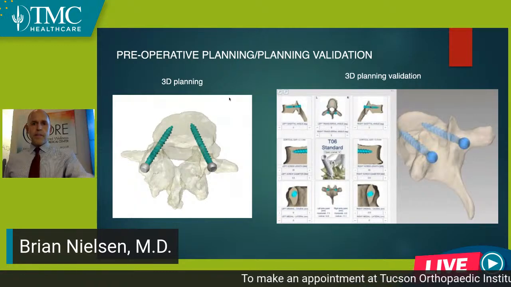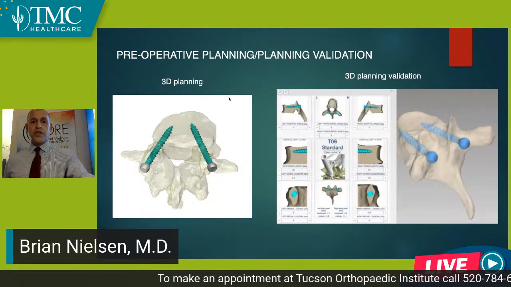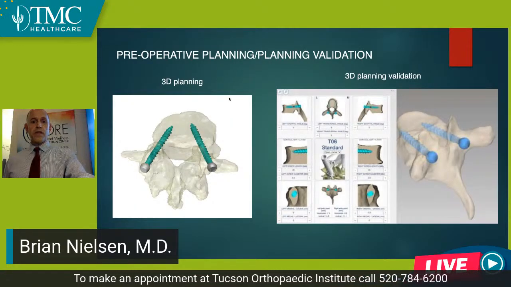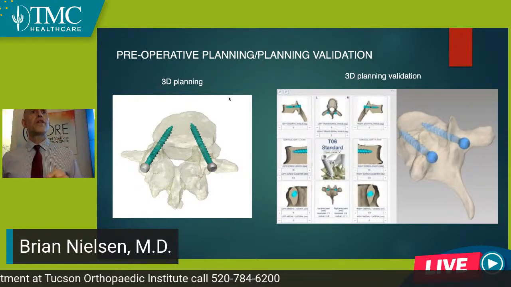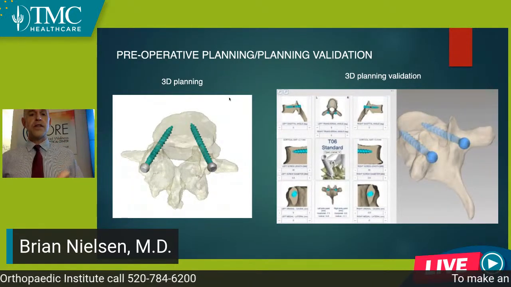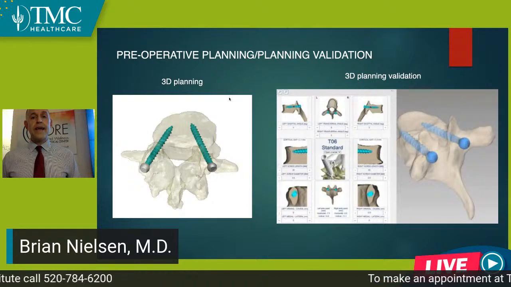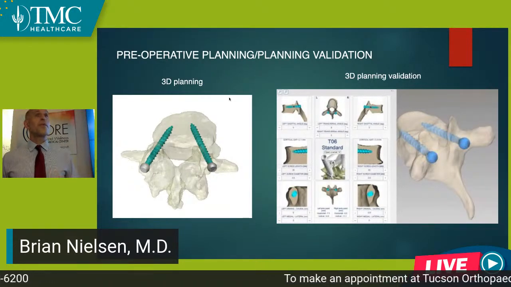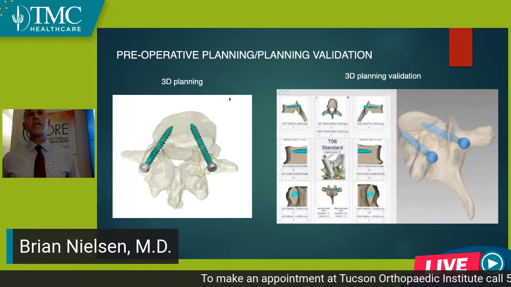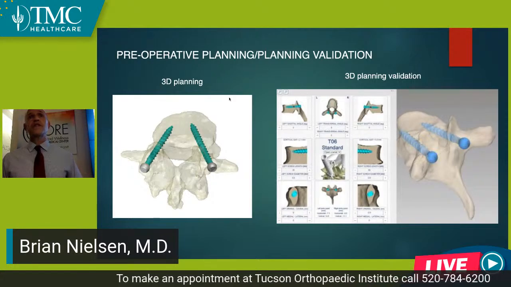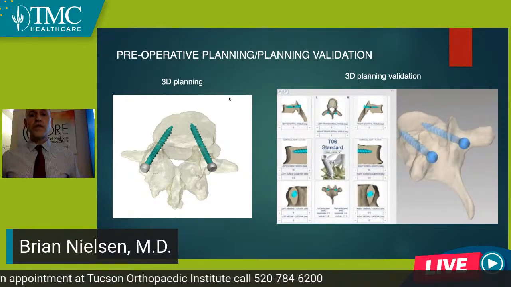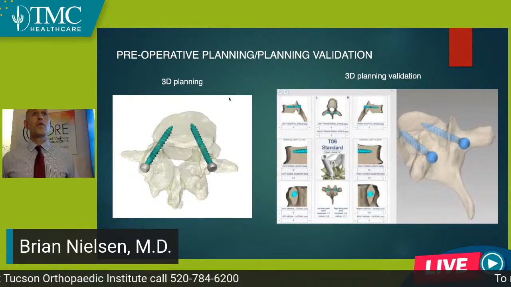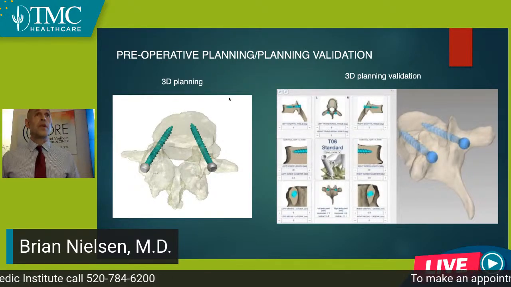But if you look at the middle of the picture and you see the little blue screws going down those holes, those are those little tubes you want the screw to enter. That's the pedicle. And you want the screw to fit properly, but not be too big or too small. If it's too small, it'll pull out. If it's too big, it'll cut through and get close to the nerves. So you have to make sure that's proper. And this is one way of knowing that size a little bit better than we could do just by guessing.